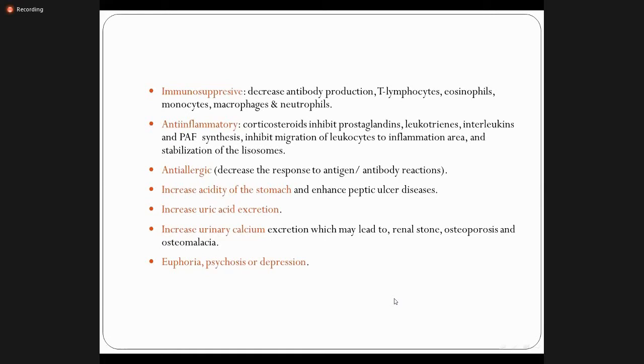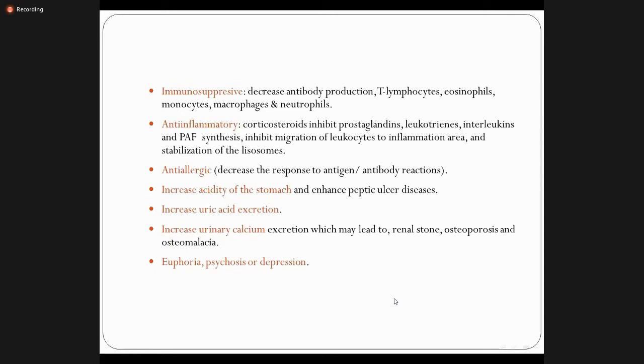So how can we correlate this immunosuppressive property of glucocorticoids? And very important, this pharmacological action has a very important clinical application or clinical correlation.